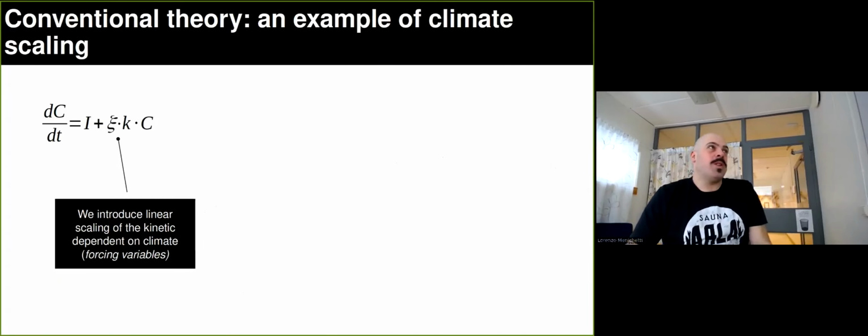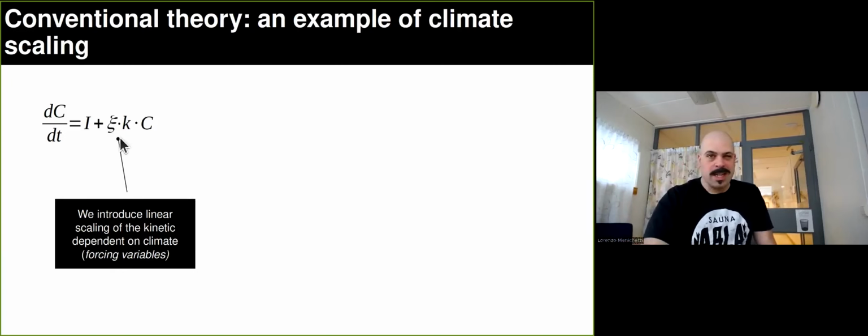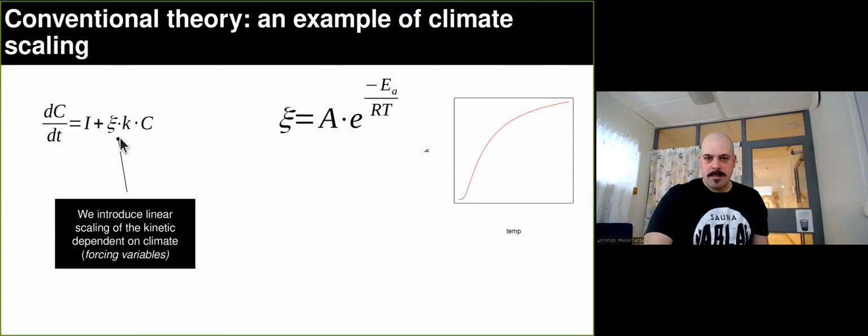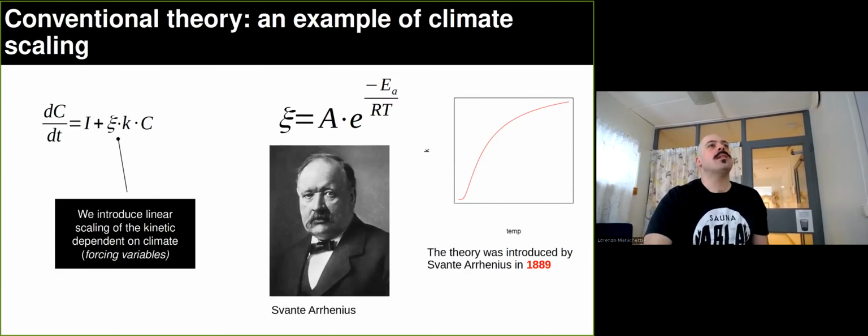The only complication that you need is a linear scaling of the kinetic to consider temperature and moisture effects. Of course, microbes respond a bit. The higher the temperature, the higher the activity, and the higher the soil moisture, the higher the activity to some extent. But even this is the equation by Arrhenius, and it's still one of the most accurate.